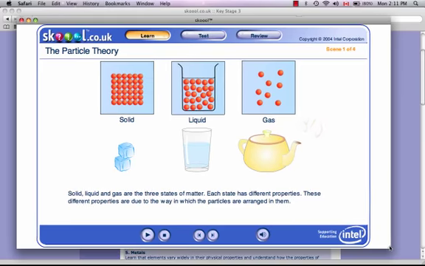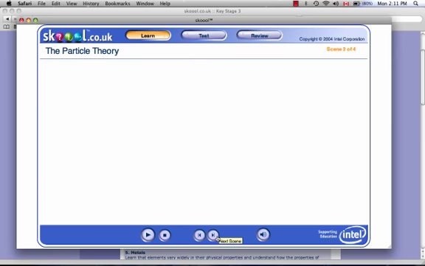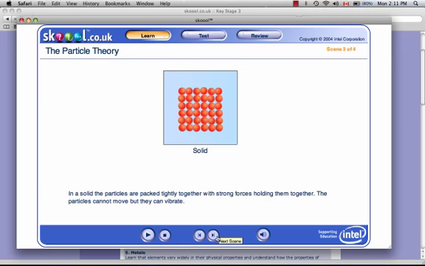Solid, liquid, and gas are the three states of matter. Each state has different properties. These different properties are due to the way in which the particles are arranged in them. In a solid, the particles are packed tightly together with strong forces holding them together.